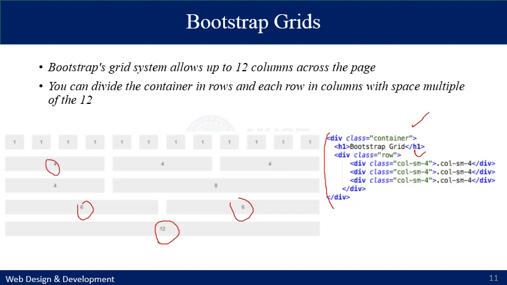Similarly, if you want to use 3 grids of equal value, you can use 4 4 4, and if you want to use all the values, you can use one scale for every grid, so that your columns will be equal in width, and it will divide your page into the 12 grids.